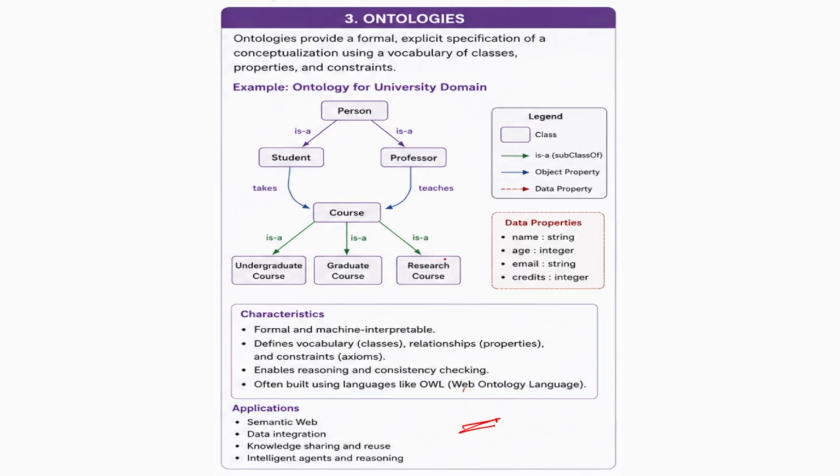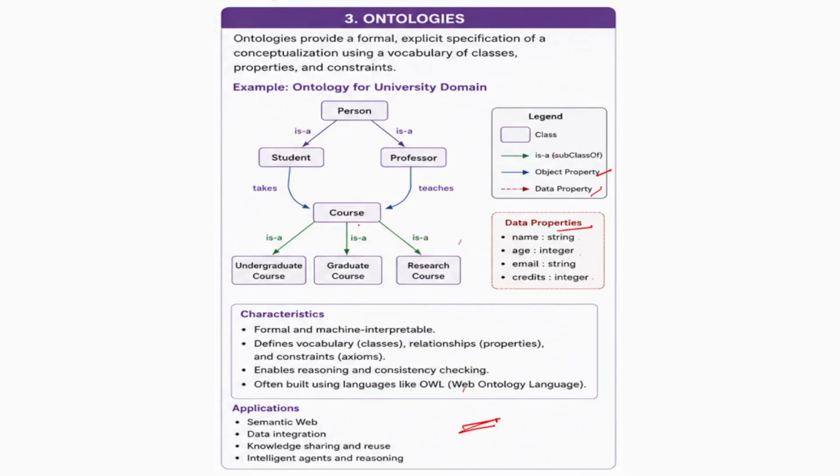Now there are some difficulties in frames, so we went in for ontologies, the third step. This is an example of the university world which we did earlier in one of the sessions, where in addition to the properties there are more varieties where we can specify the data properties, whether it is a string or integer, and the object property, whether it is a subclass.